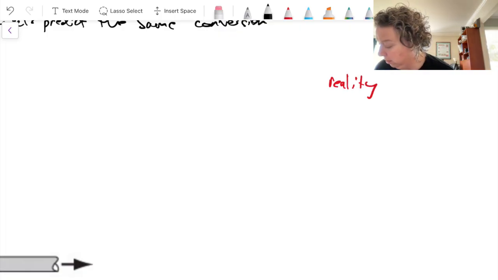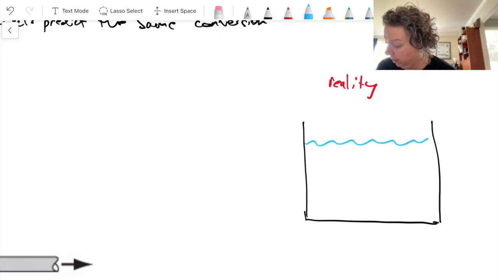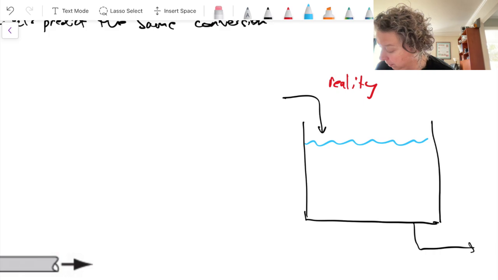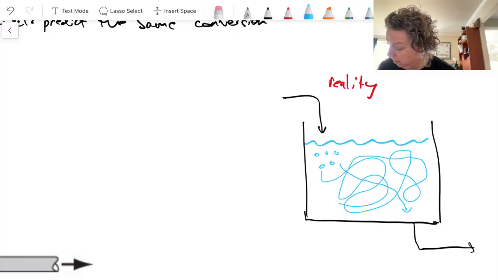We have our CSTR, some amount of fluid, and we have molecules coming in. Some go right to the exit, and others spend a while in the reactor, right?